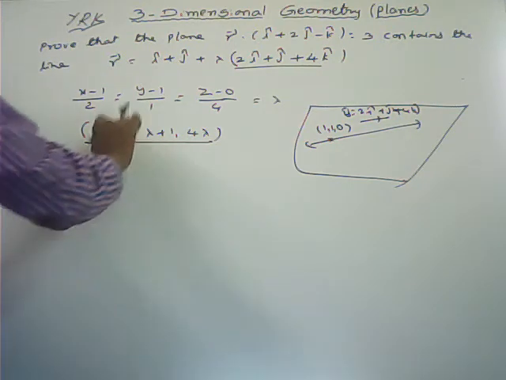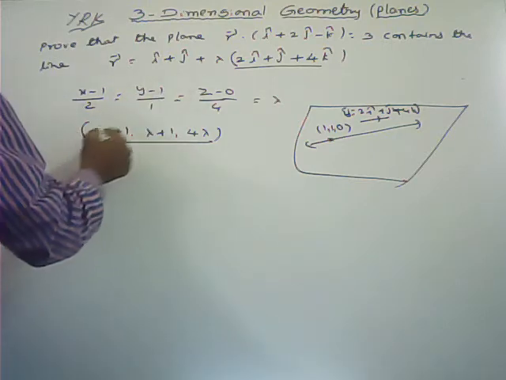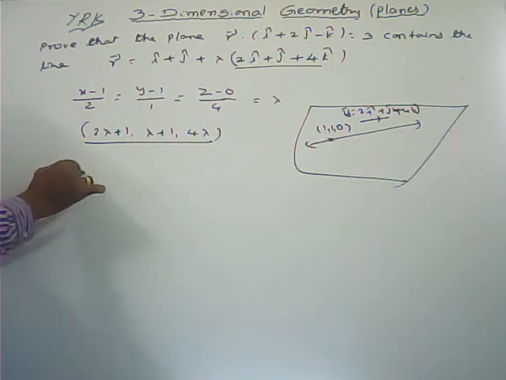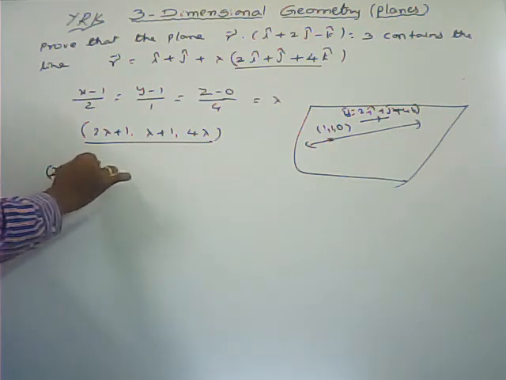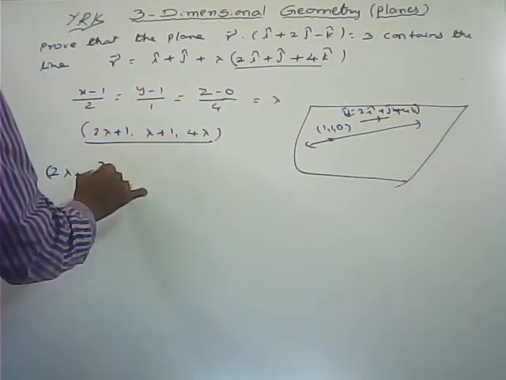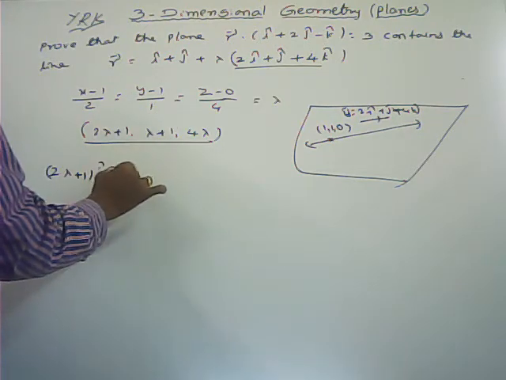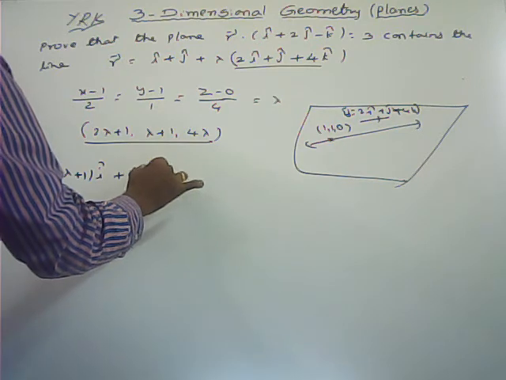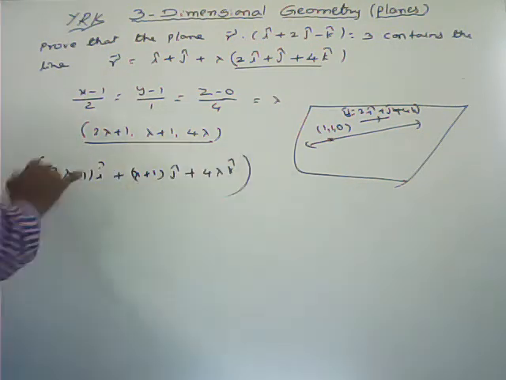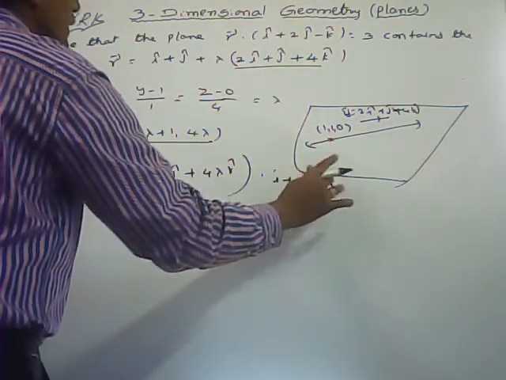Now we can check whether the plane contains this point. Here in the place of r bar, I take (2 lambda plus 1) i cap plus (lambda plus 1) j cap plus 4 lambda k cap, any point on this line, and take the dot product with i cap plus 2 j cap minus k cap.